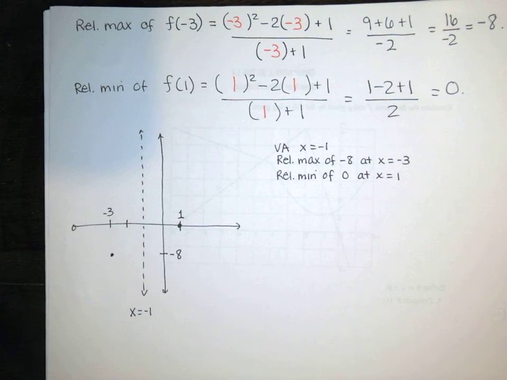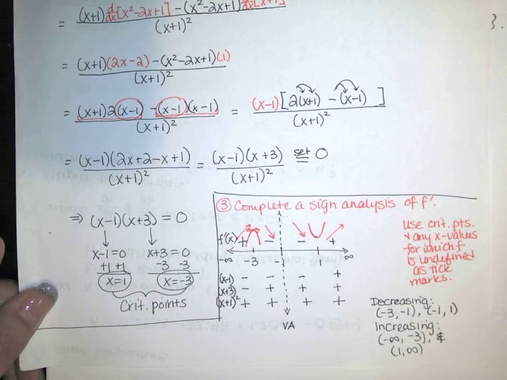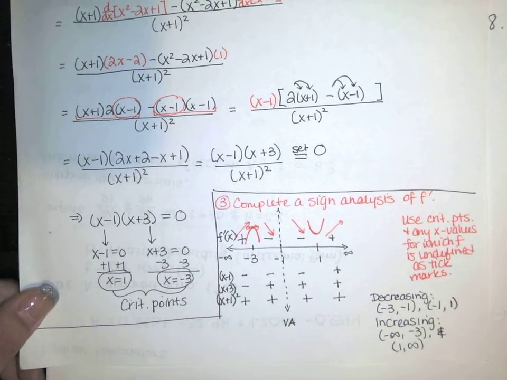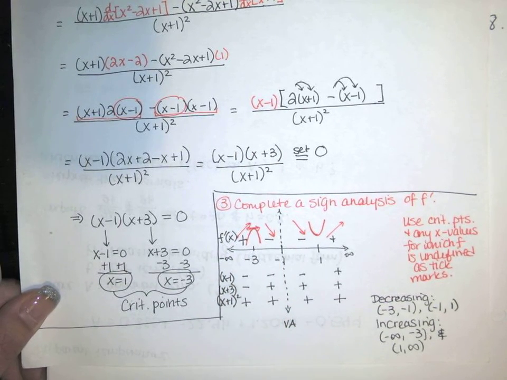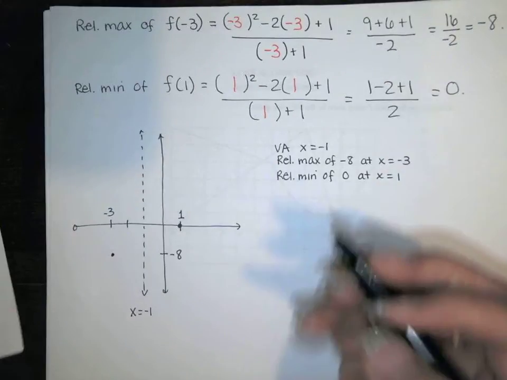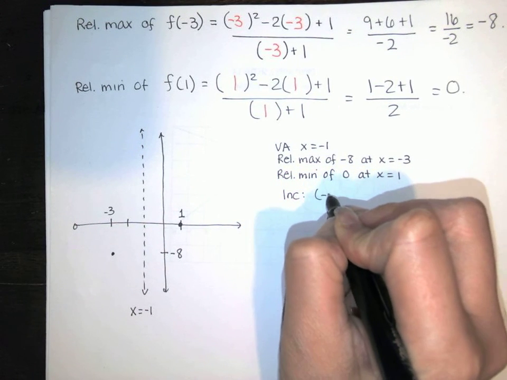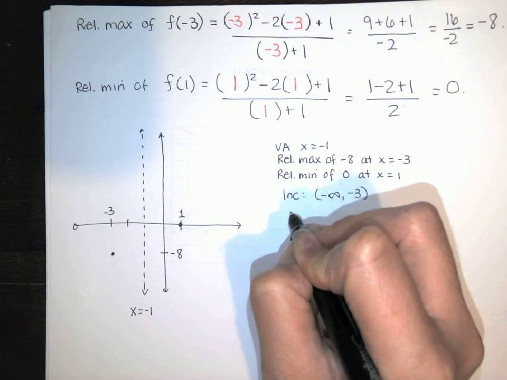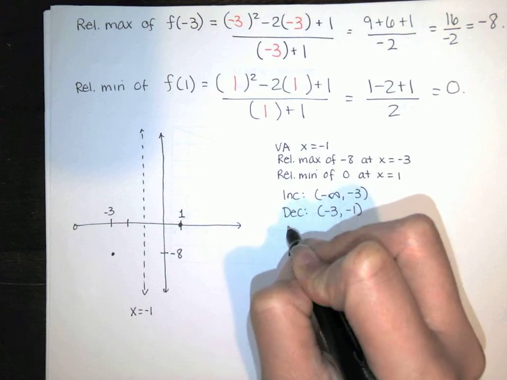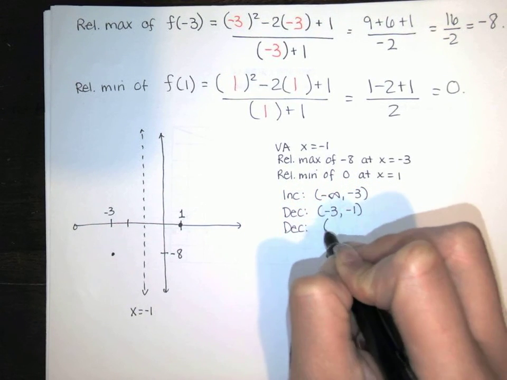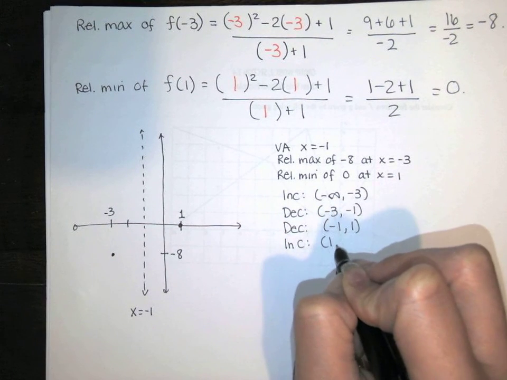Okay, and then what else do we know? Well, we know where the function's increasing and decreasing. And we also know we've got an asymptote here, so we know that this function is going to get very close to this vertical line, x equals -1. So we know that it's increasing on -∞ to -3, decreasing on -3 to -1, decreasing again on -1 to 1, and increasing again on 1 to infinity.